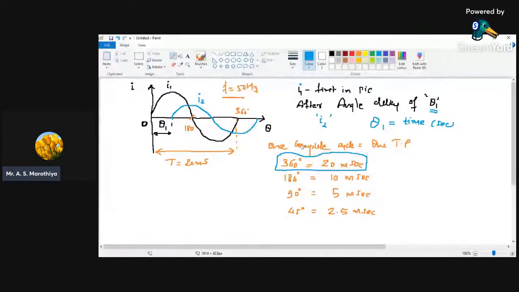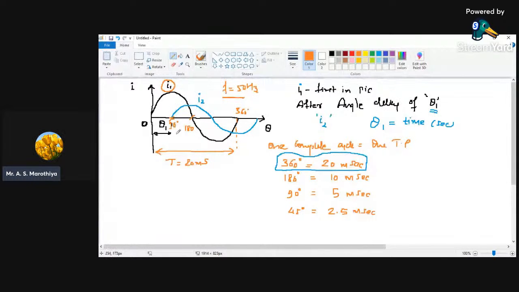So in this case, see here, with respect to reference value I1, or with respect to this first alternating quantity I1, the second alternating quantity will start at theta 1, which is nothing but at this particular instant. Now, this instant is going to be what? 90 degree.